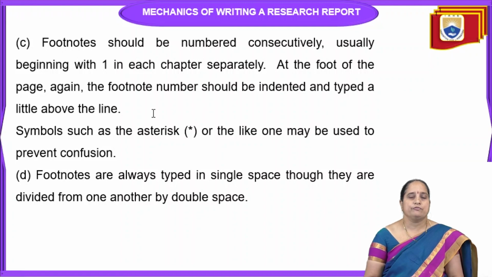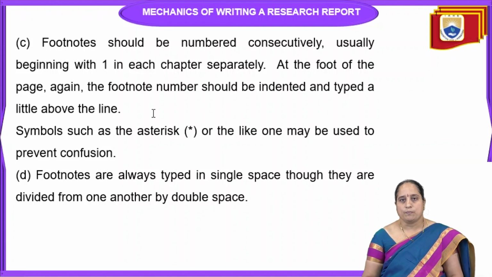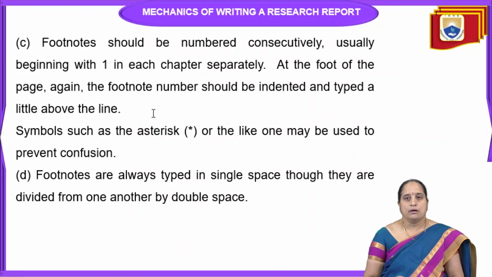At the foot of the page, the footnote number should be indented and typed a little above the line. In some cases we use symbols like an asterisk, which may be used to prevent confusion. Footnotes are always typed in single space, though they are divided from one another by double space.